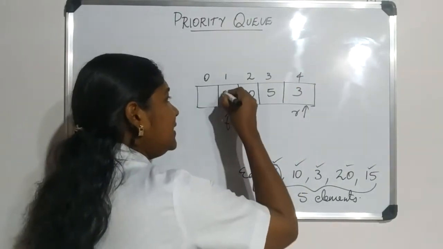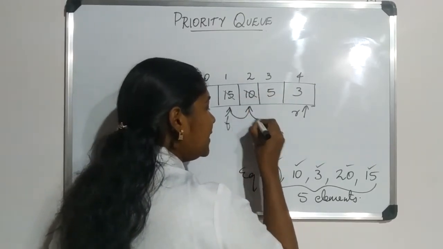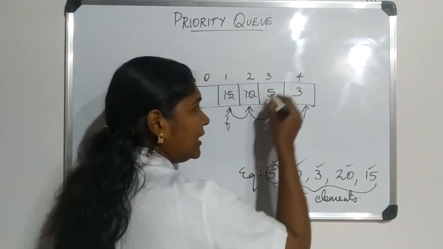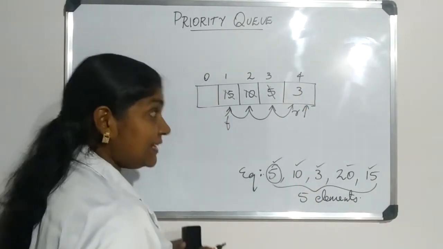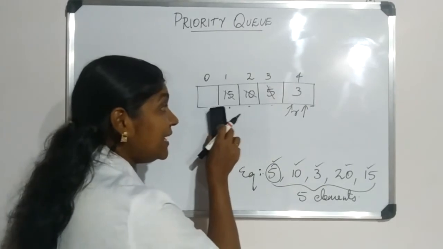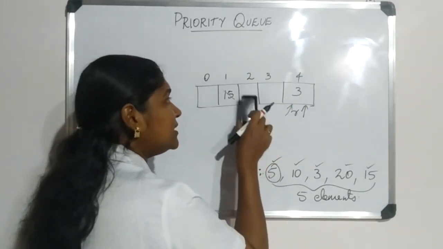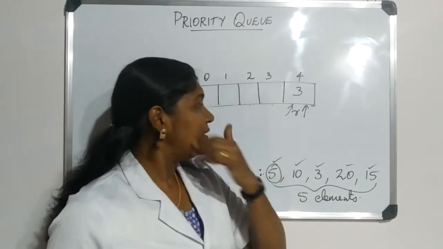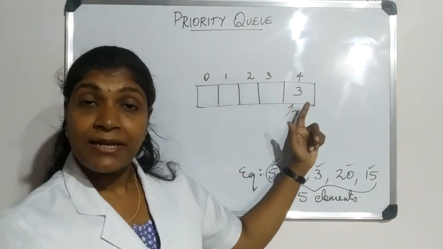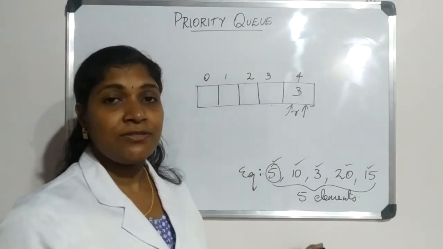So on deleting 15, F will point to 10. Then on deleting 10, F will point to 5. On deleting 5, F will point to 3. And this is the case where our queue has just one element. What do we normally do when only one element exists in the queue? If we delete this element too, what is the status of this queue?